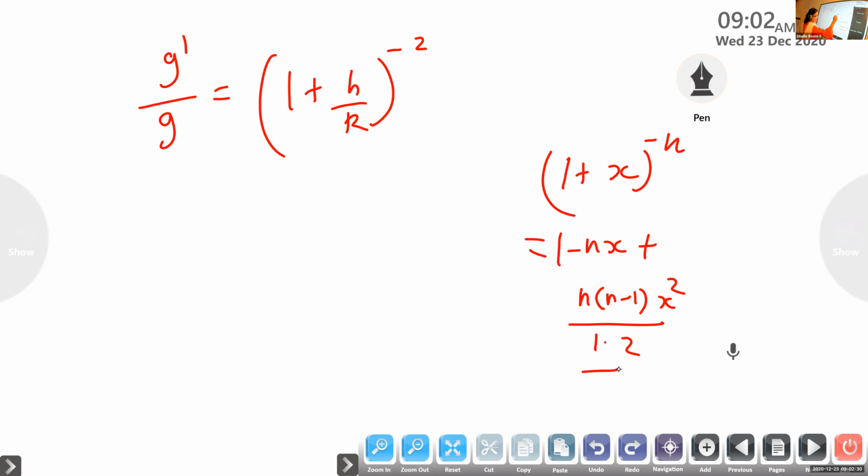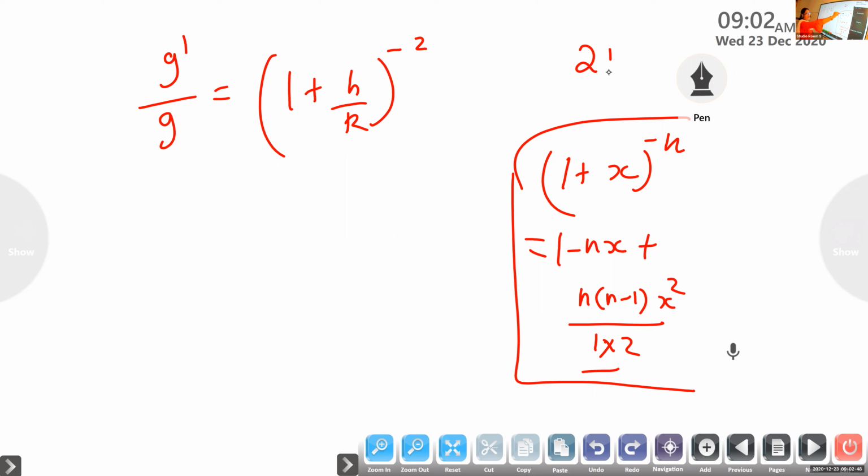Okay, so just write this much, that's enough. So this 1 into 2, we call it 2 factorial. Actually we don't want the third term, we only want to consider the first terms, that is 1 minus nx. So just write down by binomial expansion.